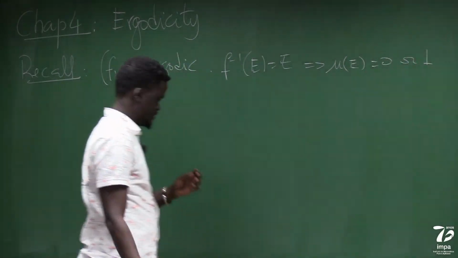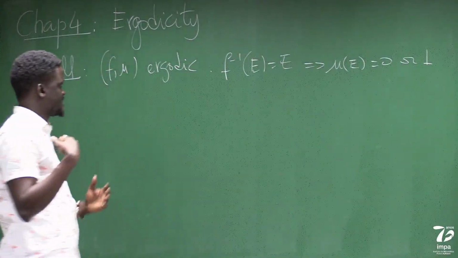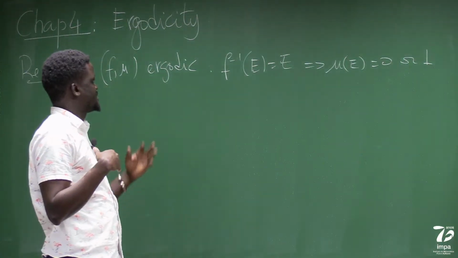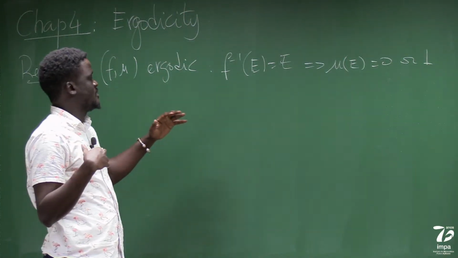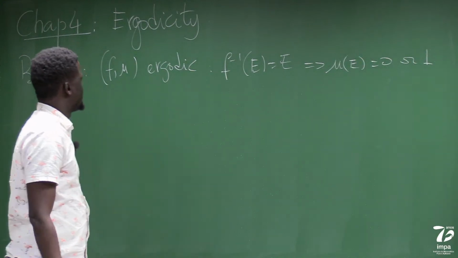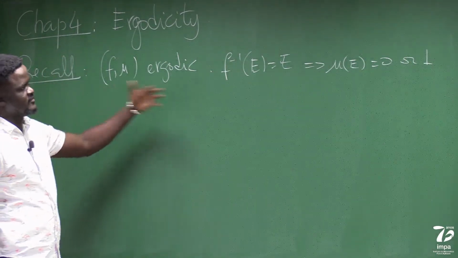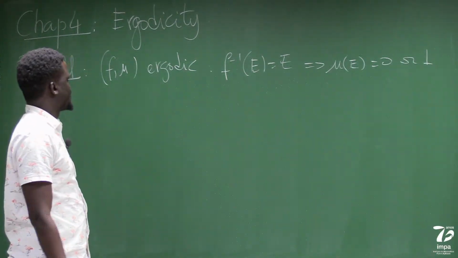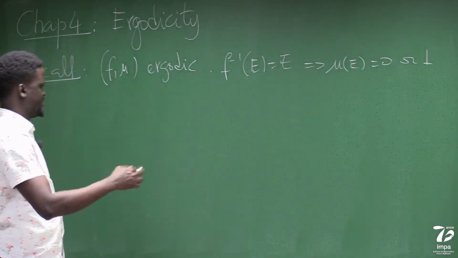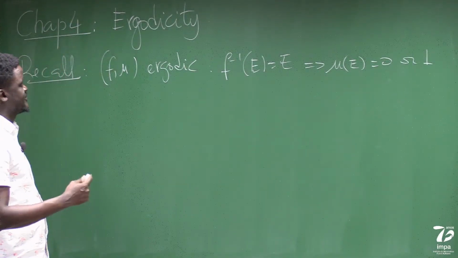That's the definition of ergodicity, and we have seen that it has a lot of equivalents. Like you can say that invariant functions are constant almost everywhere, and we have a bunch of equivalent definitions.